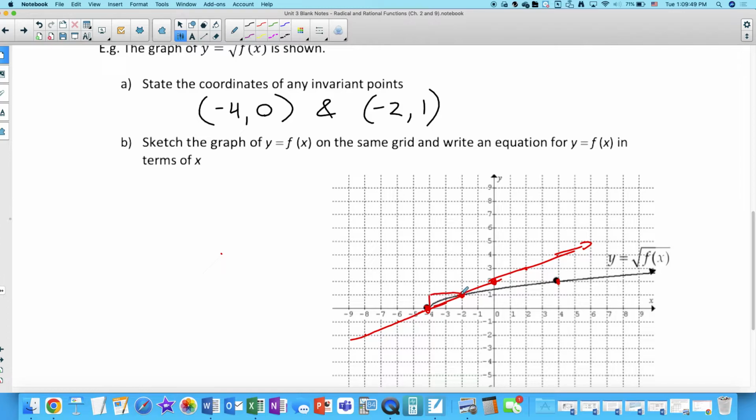So that slope, rise over run, would be 1/2. 1/2 x and then plus 2. Right, this is our b value. And the slope, 1/2, is the m value.